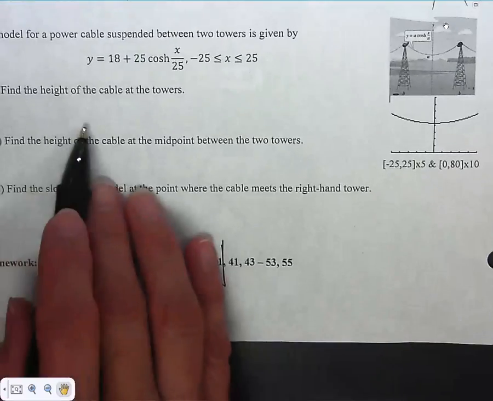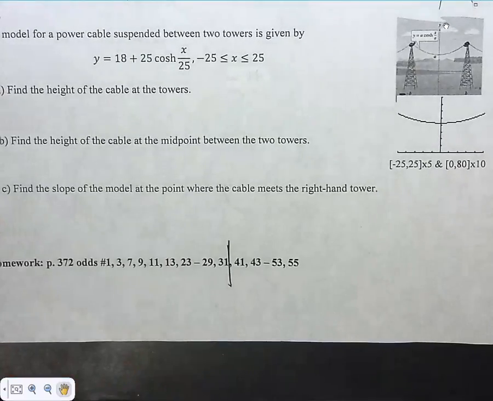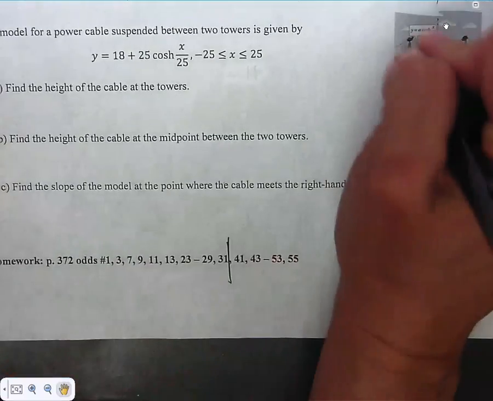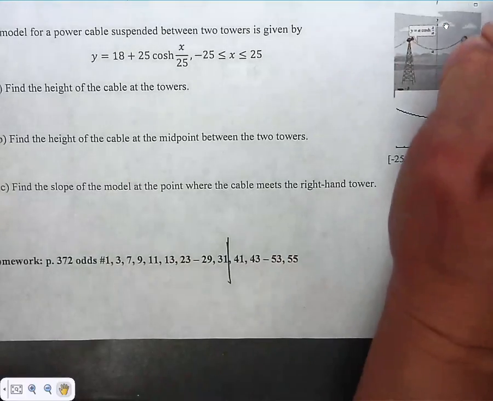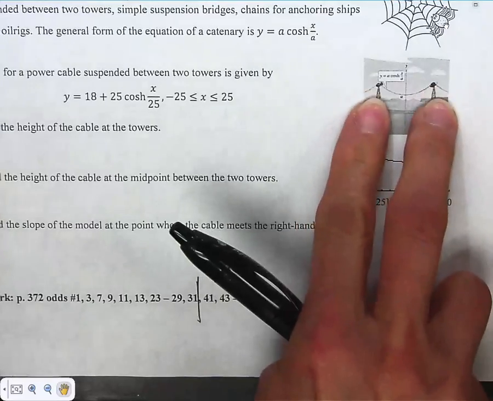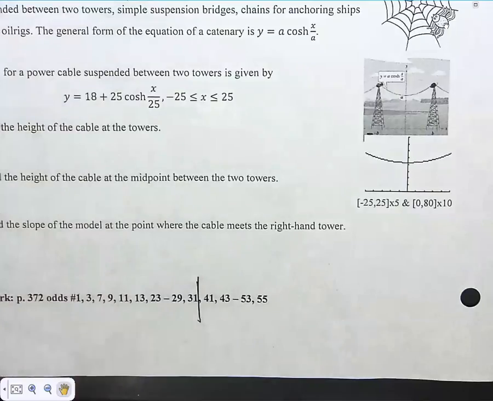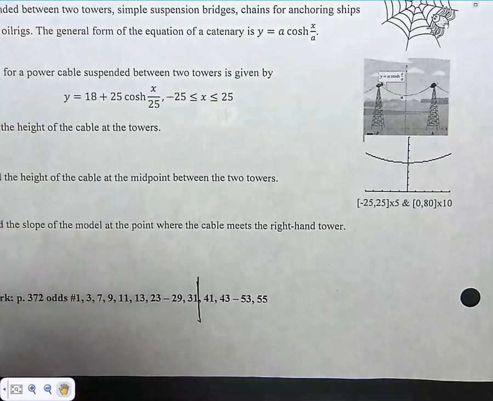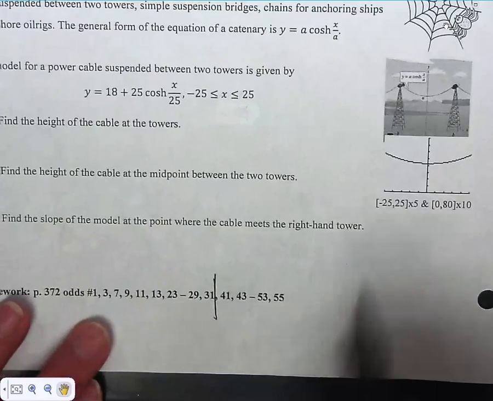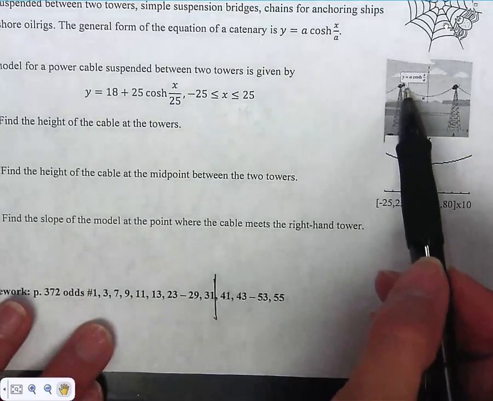How would I find the height of the cables at the towers? How do I find these two heights right there? So that's the question. How do I find that height right there?